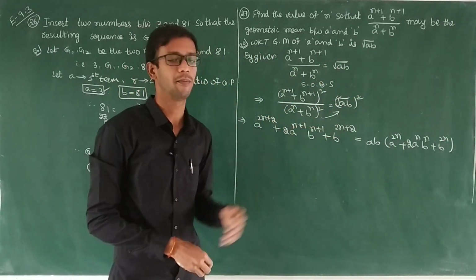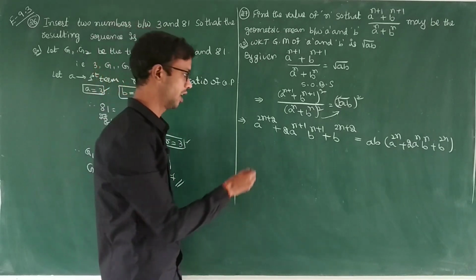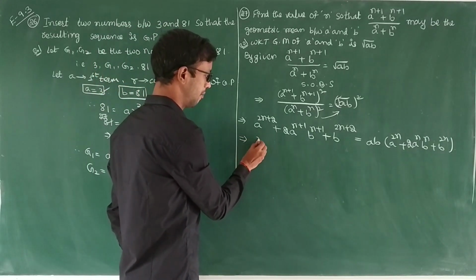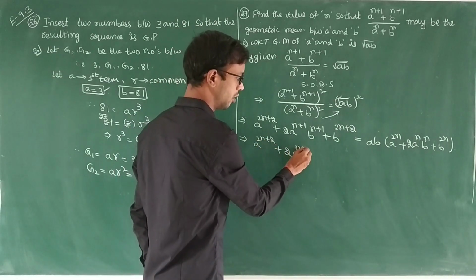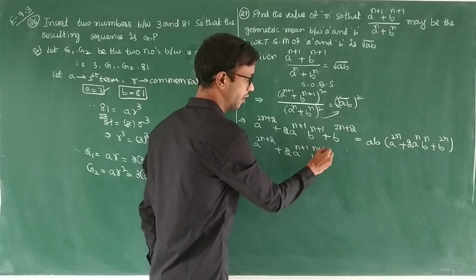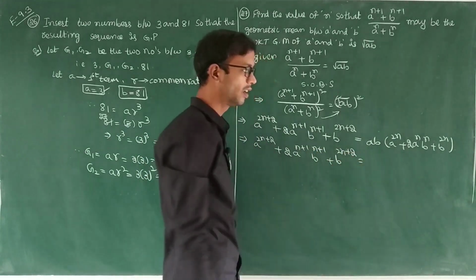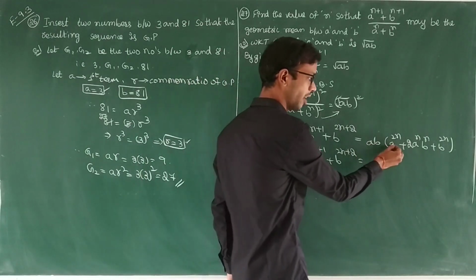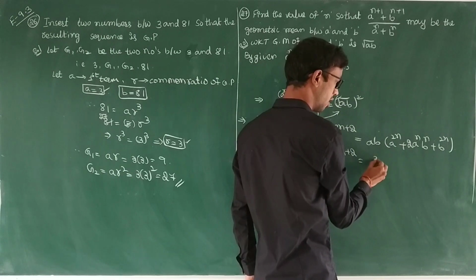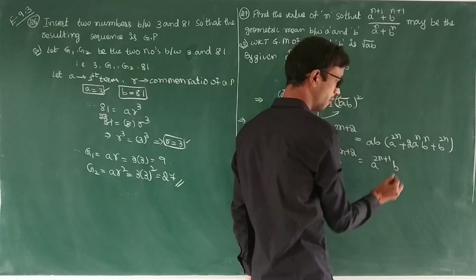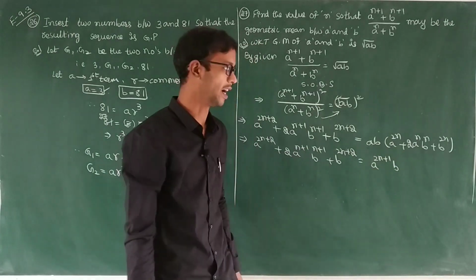N is the multiple of n, we have to write. So next simplification we have to make here: a power 2n plus 2, plus 2 into a power n plus 1 b power n plus 1, plus b power 2n plus 2, is equal to this multiplication made. If you are multiplying, inside a power 2n plus 1 b, the bases are equal, so powers should be added, that condition.